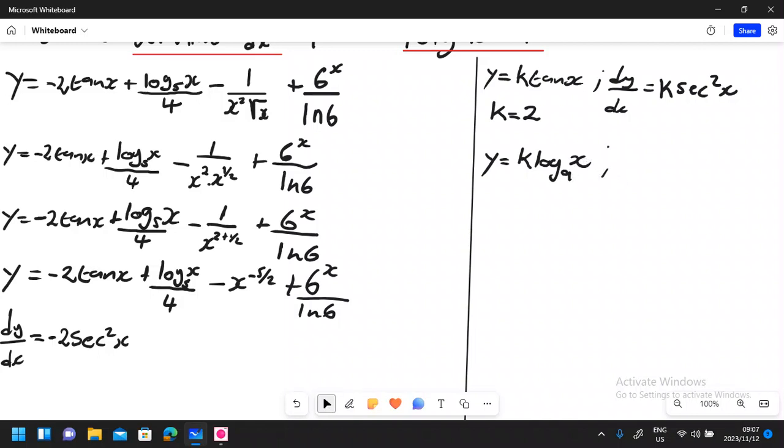And when we find dy over dx for this one, guys, it's going to be k multiplied by 1 over x natural log a.